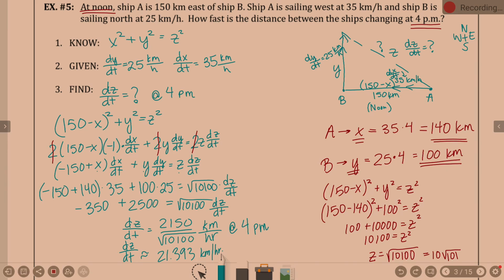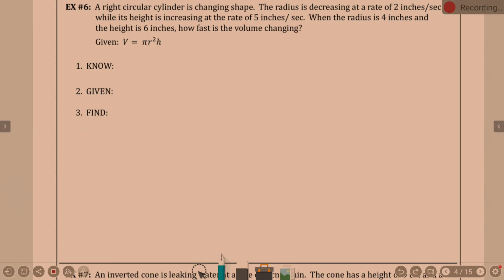Okay. 6. A right circular cylinder. You know what a right circular cylinder is? A cylinder, a can, right? A right circular cylinder is changing shape.